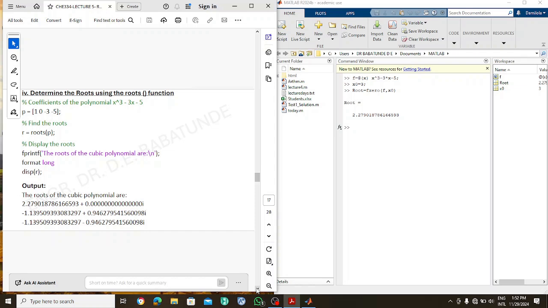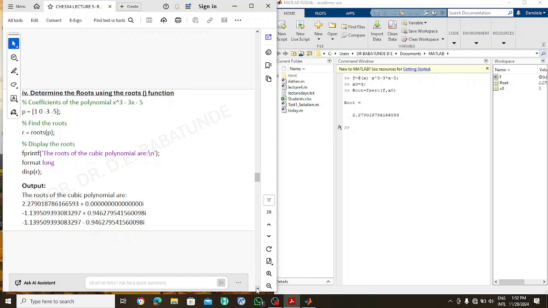When you use the function roots, you are going to get all of the roots, because the function you are working with is cubic. So you expect that it should have 3 roots. But all of the things that we have been getting has been 1 root. With the roots function, you can get all of the roots that the equation has if you are working with a polynomial. So let's use the roots function.